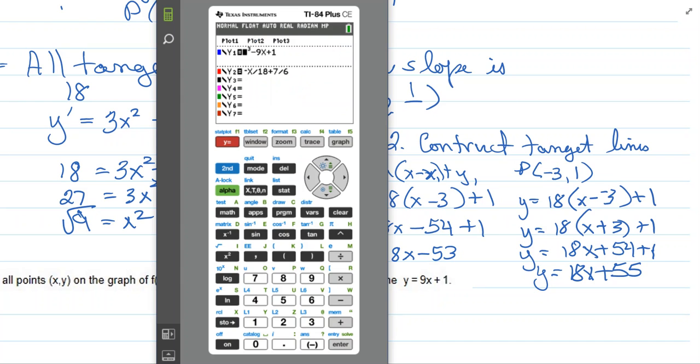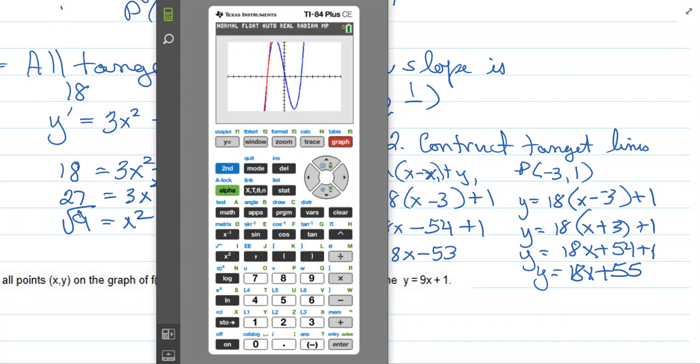So I'm going to go to the y equals. I'm going to take the perpendicular out, and I'm going to enter 18x plus 55 and 18x minus 53. All right, and remember I have that already on my graph, and we have this one here at 18 and this one here at 18.